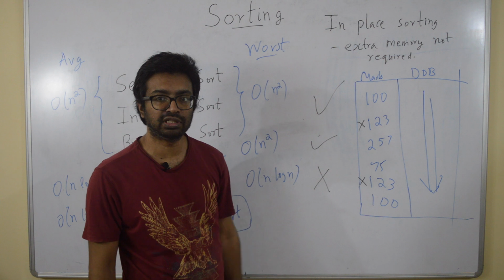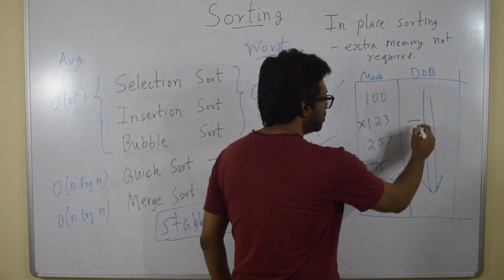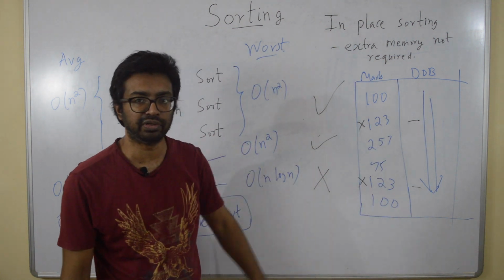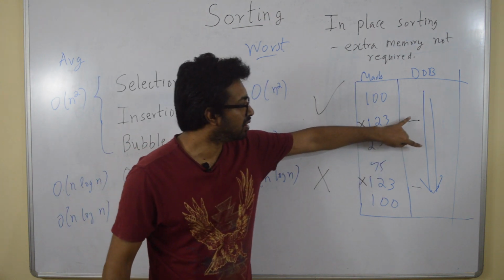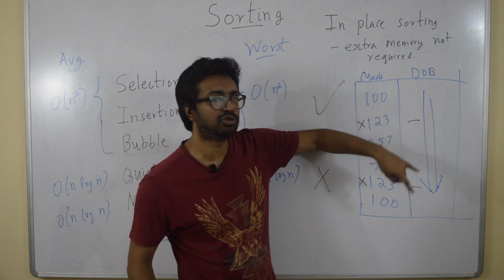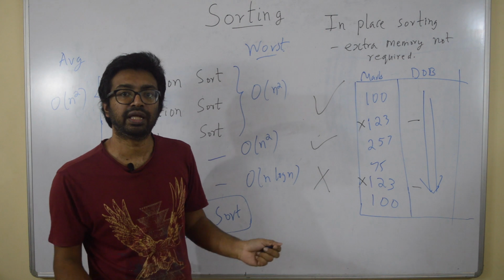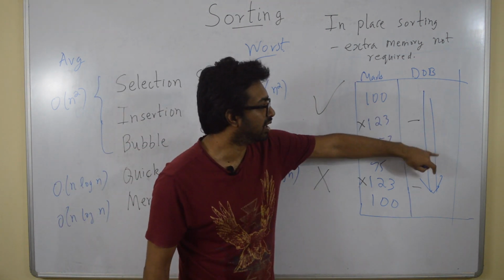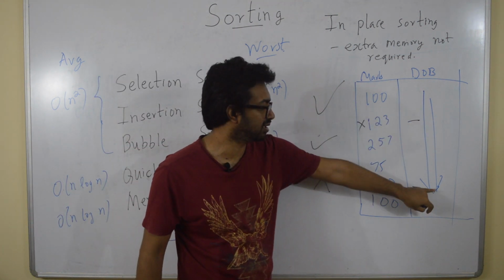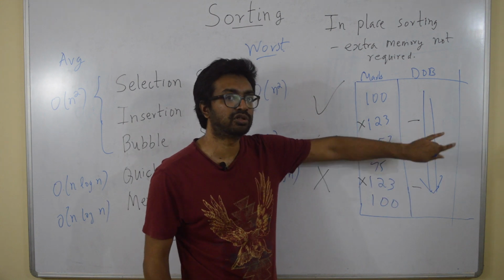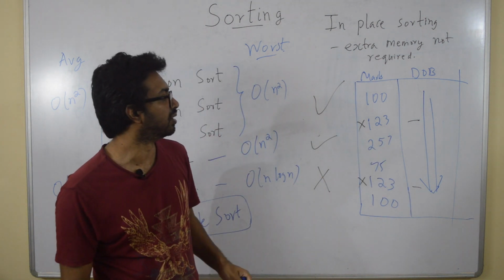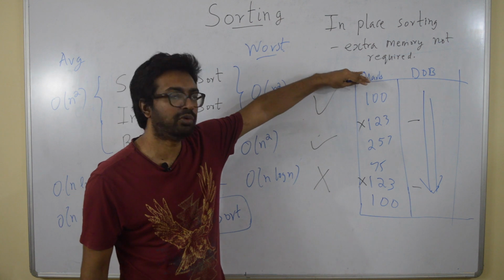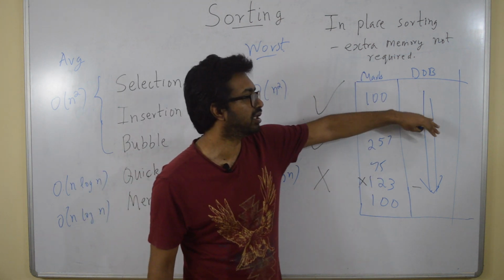But when I sort, this 123 should be above this 123, because the ordering between the same 123s should not be exchanged, because this guy's date of birth is better than this guy's date of birth. I don't want to destroy that sort. I want to sort on marks without destroying the date of birth sort.